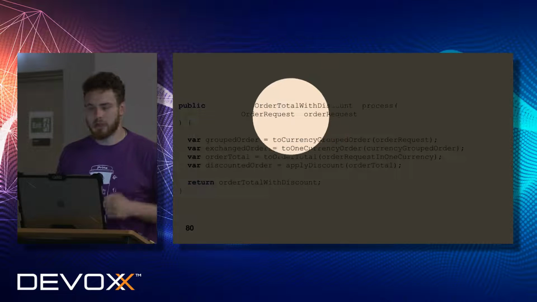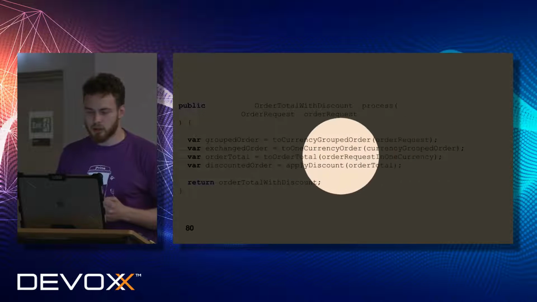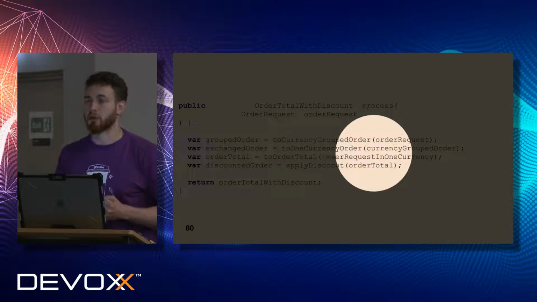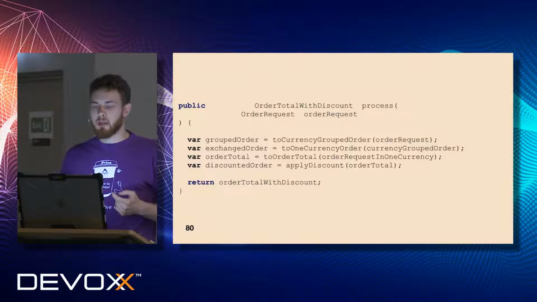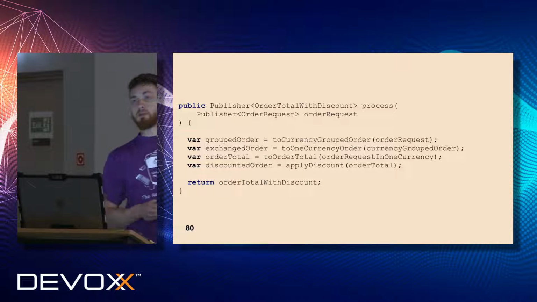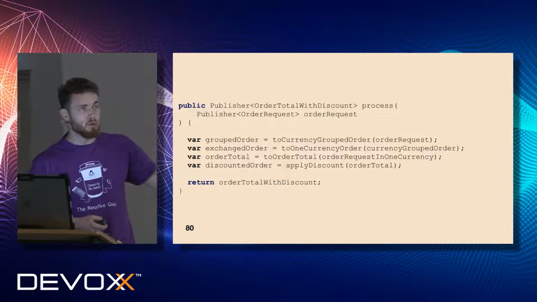We do some business logic here, then here on the mapped object, and here on the mapped object. So it's a flow of mapping one into another. Now imagine that we want to do that in the proper reactive way, because everything should be and could be asynchronous.